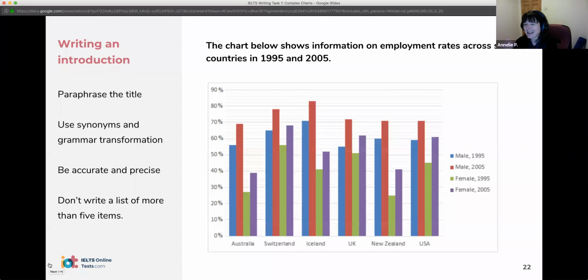One of the negative points that the examiners are looking for is if you confuse detail and overview. Okay, that's likely to be a 5 in task achievement. So you want to make sure that your overview, your overall trends, and your detail is completely separate. Okay, don't confuse them in any way, and don't put too much in the overview.